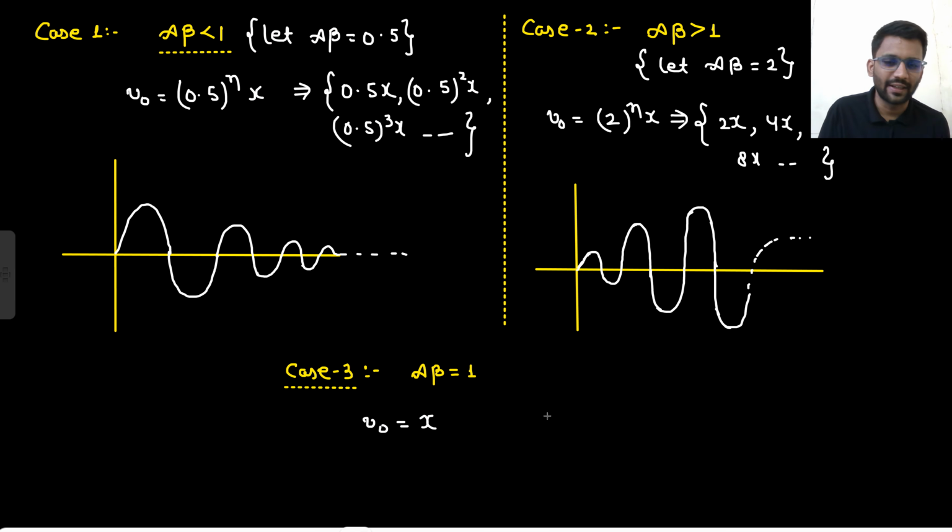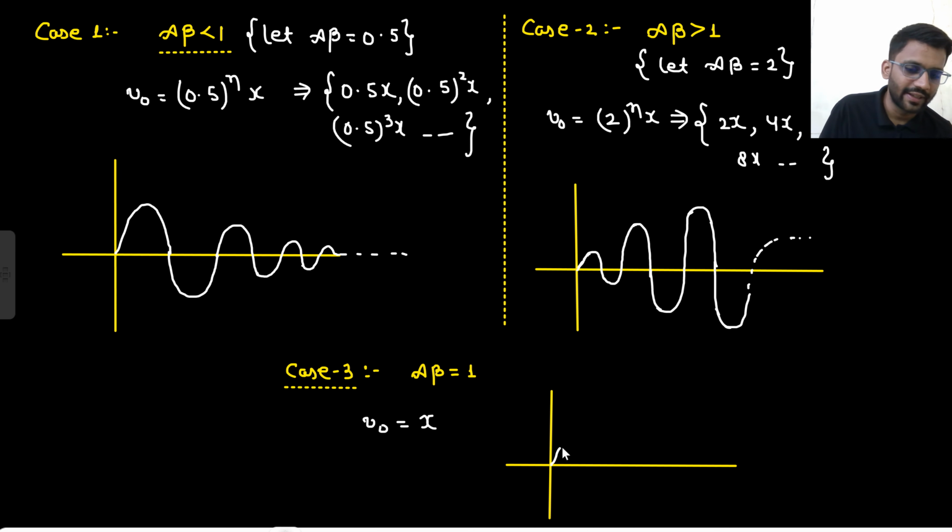So here you can see that whatever the oscillations you started with, it can be anything. It need not necessarily be sinusoid. It can be anything. Oscillations are sinusoid, oscillations are sustained.